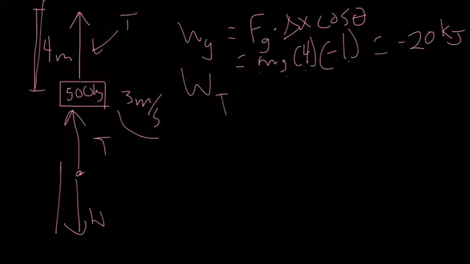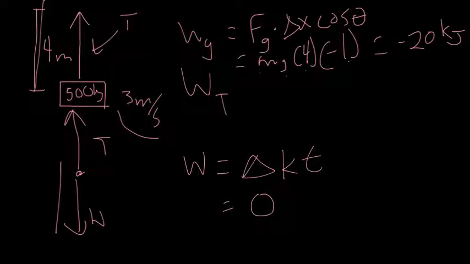If we want to find the work done by tension, we can say that the total work is equal to the change in kinetic energy. The change in kinetic energy is 0 because the final and initial velocities are the same. And so it's going to be equal to the work from gravity plus the work from tension.